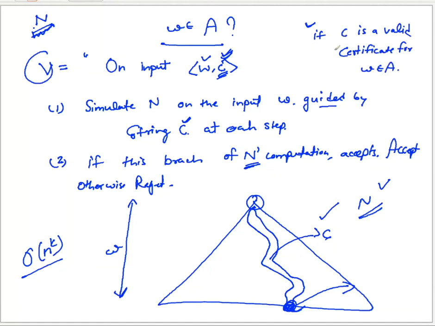That is the job of the verifier. Whenever you claim that it is the certificate, that means it is a proof. Someone is claiming that this is the proof of W being part of A. Given the proof, you can use that certificate to move from the start configuration to the target configuration where you will arrive, and then check if it is an accepting configuration in the non-deterministic machine. That means the certificate was correct. Otherwise, the certificate was not correct and you reject.